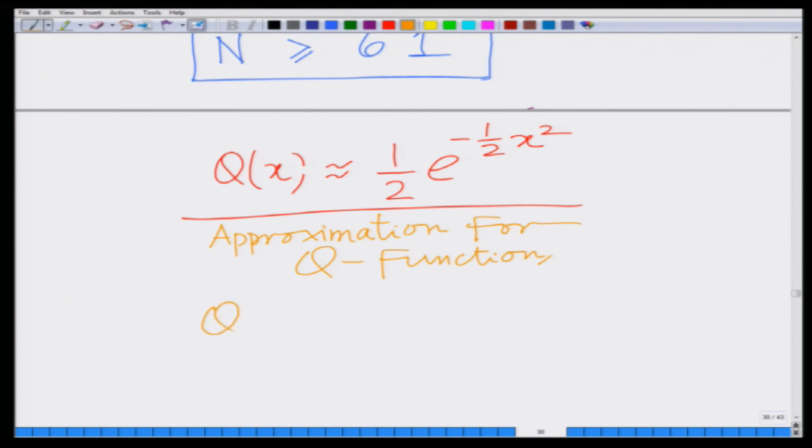So, Q of square root of n by 2 less than or equal to 0.00005.